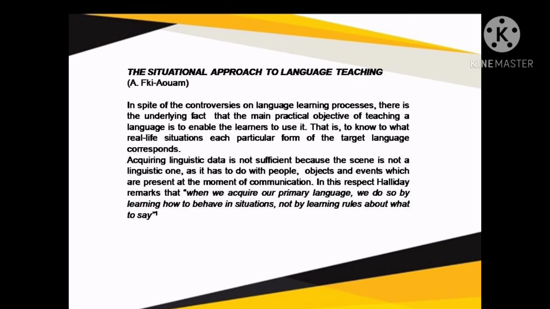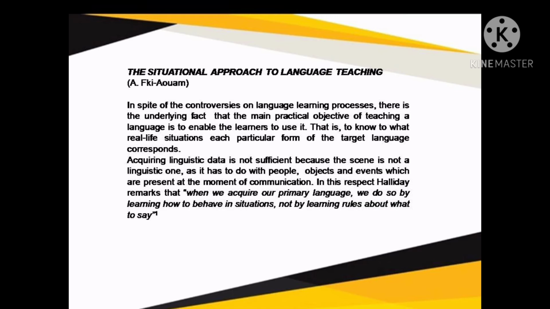Now, let us look at the situational approach to language teaching. In spite of controversies on the language learning process, there is the underlying fact that the main practical objective of teaching a language is to enable the learners to use it. That is, to know to what real-life situation each particular form of the target language corresponds.